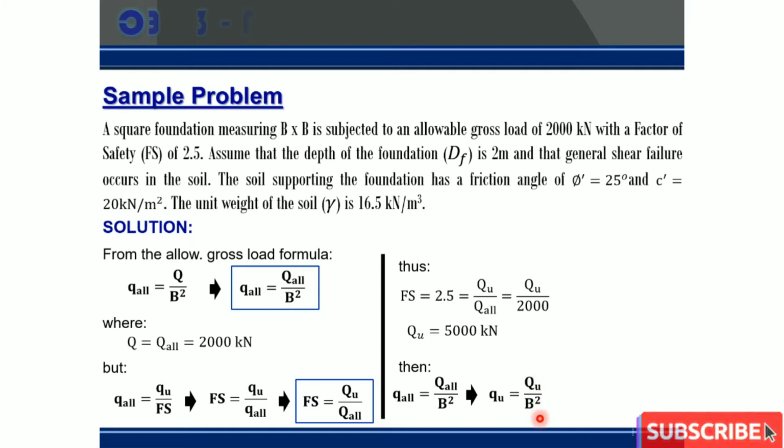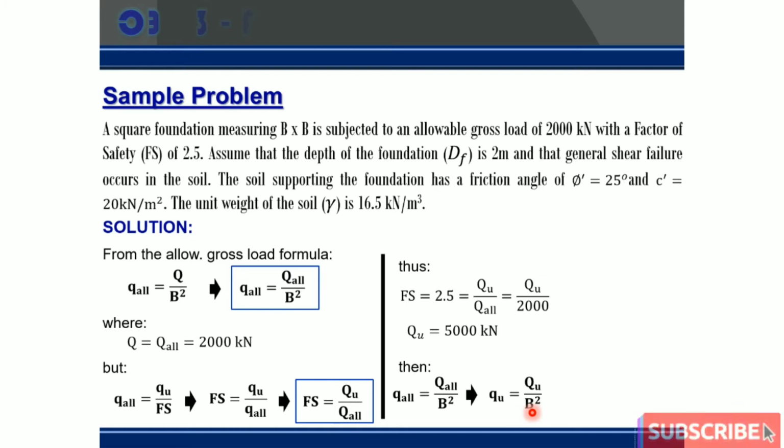Okay, so we can also rewrite this one using this ultimate load and this ultimate bearing capacity of the soil. So by this we can say that our ultimate load Q is equal now to 5000 kilonewton, and we have now this area of the foundation, and it is denoted by this B squared.